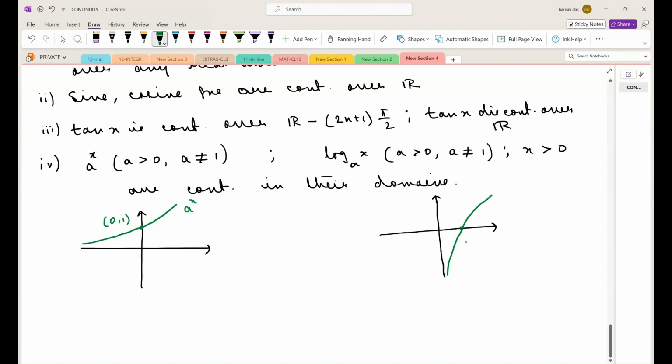This point is (1, 0). So the domain here is the whole of R, you can see the whole of the x-axis is acting as the domain, but here the domain is only positive, 0 to infinity. Log 0 is not defined. That means exponential functions are continuous over whole of R, and log functions are continuous over the positive real numbers.